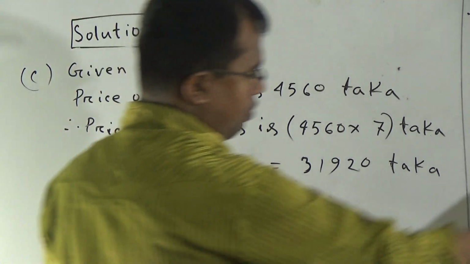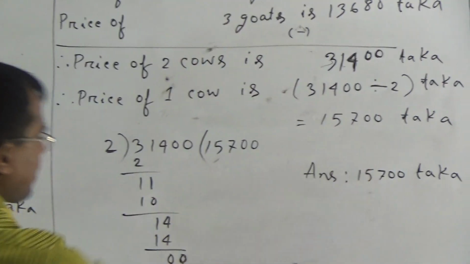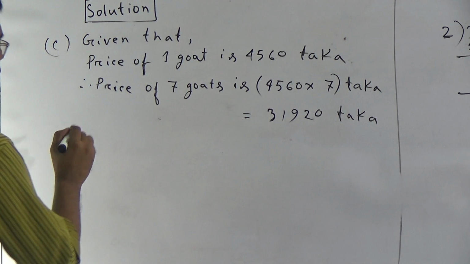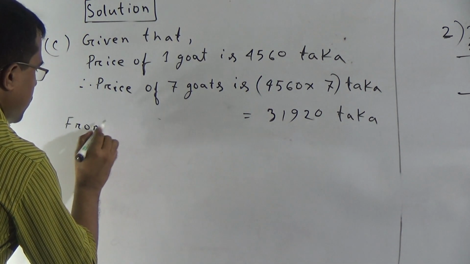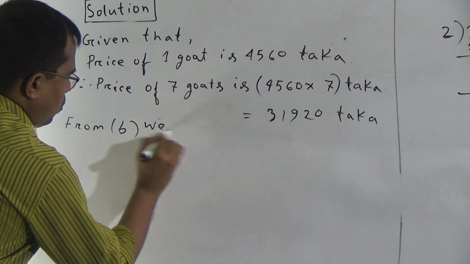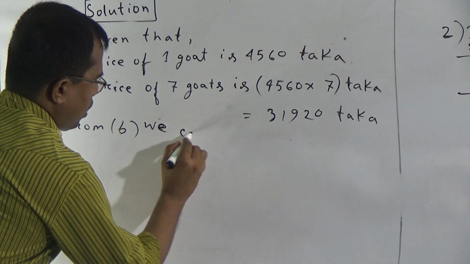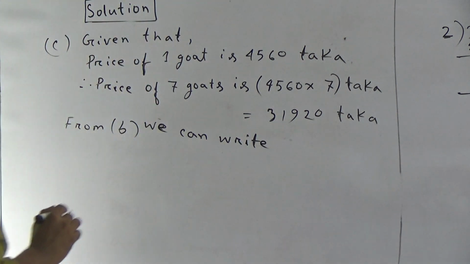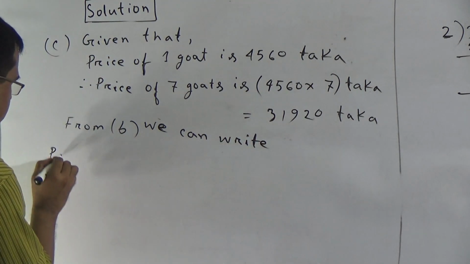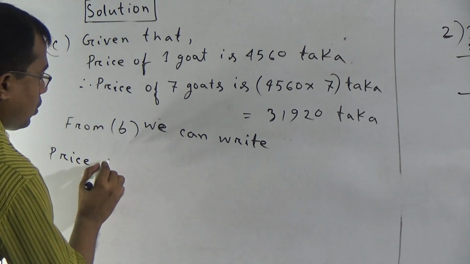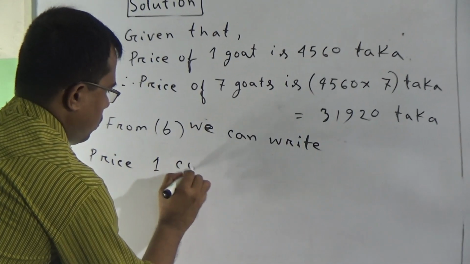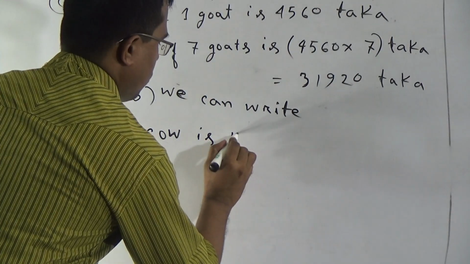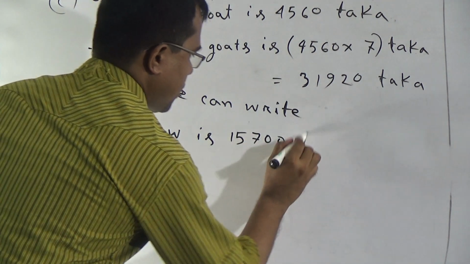In B we have found out price of 1 cow, and this is 15,700 taka. Now we can write from B, price of 1 cow is 15,700 taka.